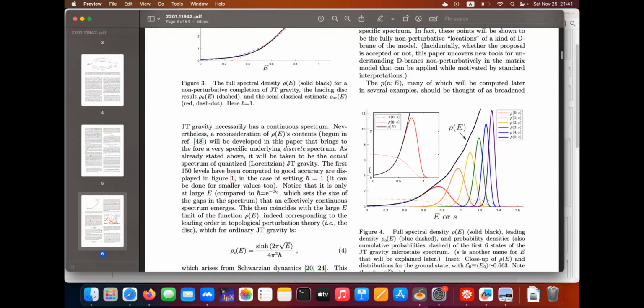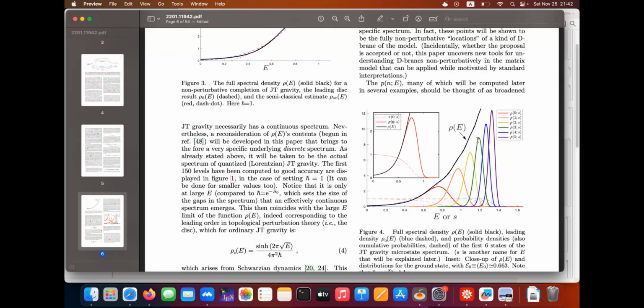Maybe we can look at the picture. The black line represents the non-perturbative density, and the first curve here represents the distribution of the ground state energy, this one is for the second state, this is for the third state.